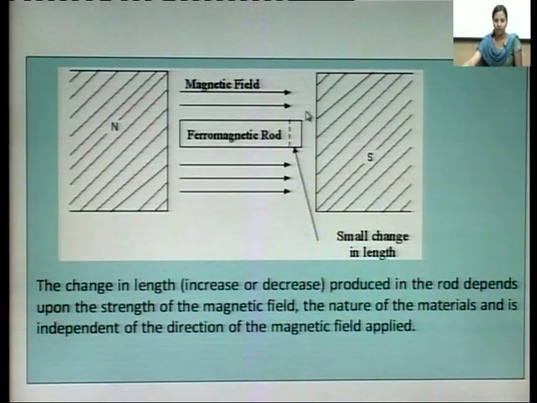When we apply the magnetic field to this rod, its length changes depending upon the nature of the material, and it is independent of the magnetic field applied. With the change in length, it produces waves which are called ultrasonic waves, and this method is called the magnetostriction method or oscillator.